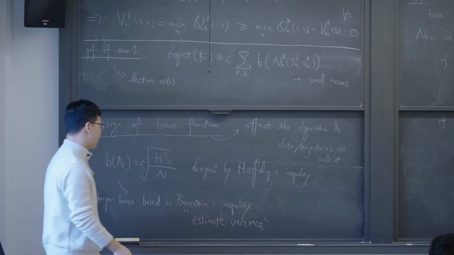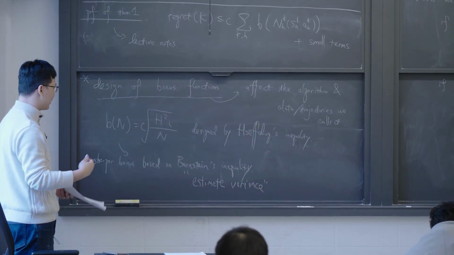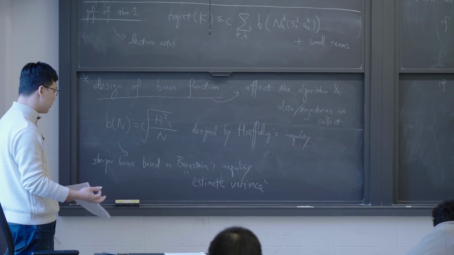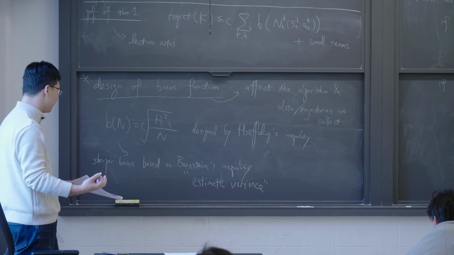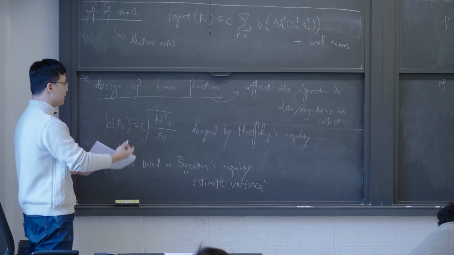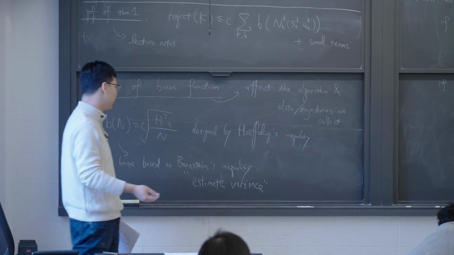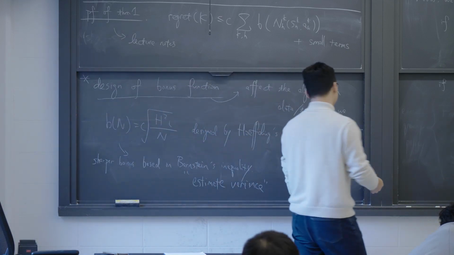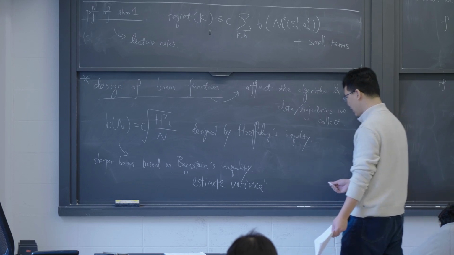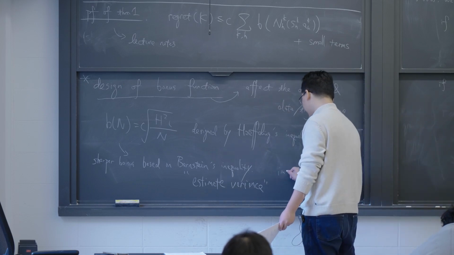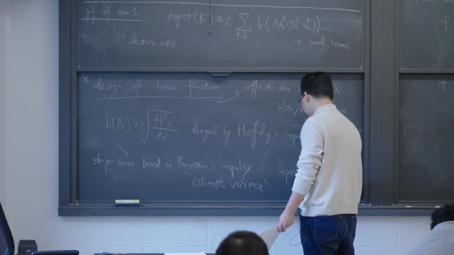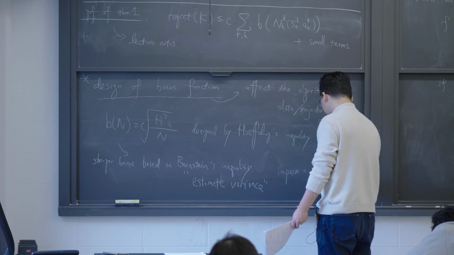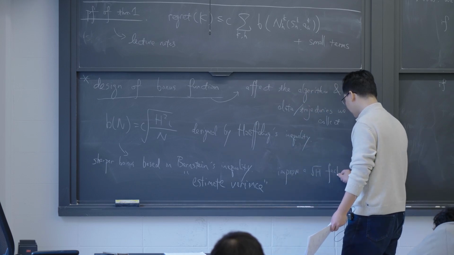This creates a little bit more steps, because we don't know the variance, so we need to estimate the variance and use the estimated variance in our bonus design, and the analysis is a lot more involved. But eventually, if we make everything work, you can actually improve a square root H factor in regret.